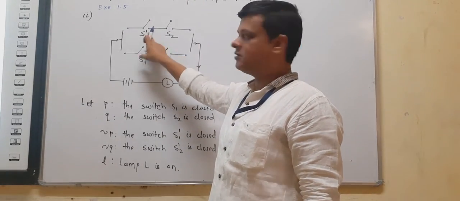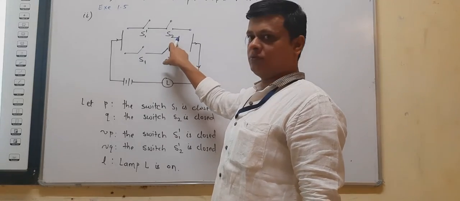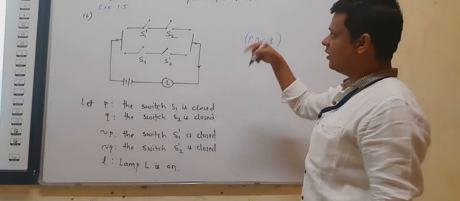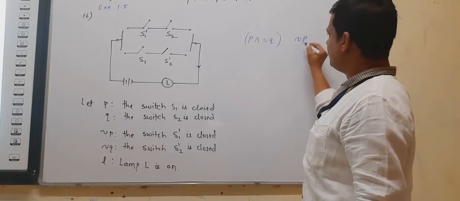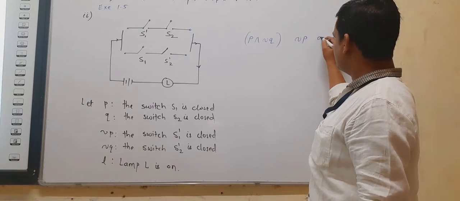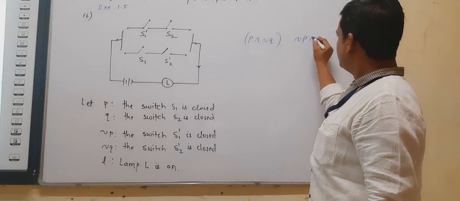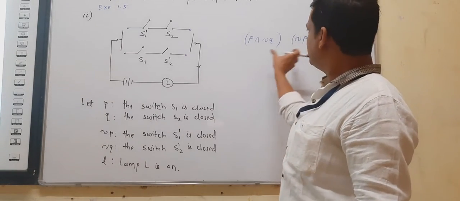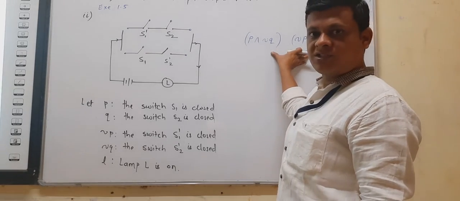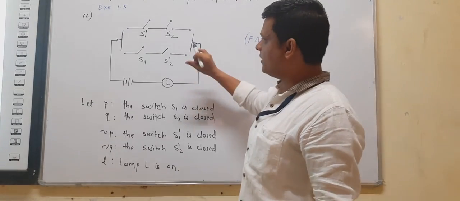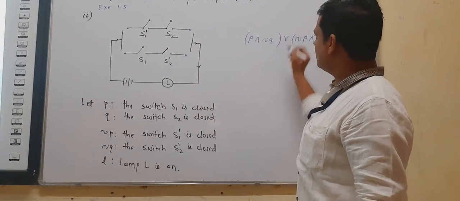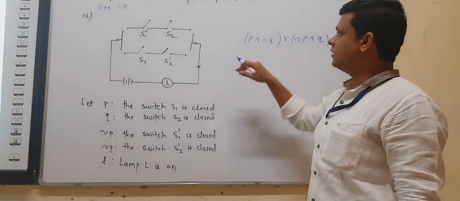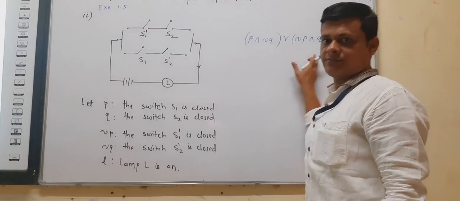S1 dash and S2 are in series combination, so for S1 dash we write negation P, and for S2 we write simply Q. They are in series combination, so we write AND. Now these two circuits are in parallel combination, so we write OR between them. Therefore the symbolic form for the given switching circuit is this.